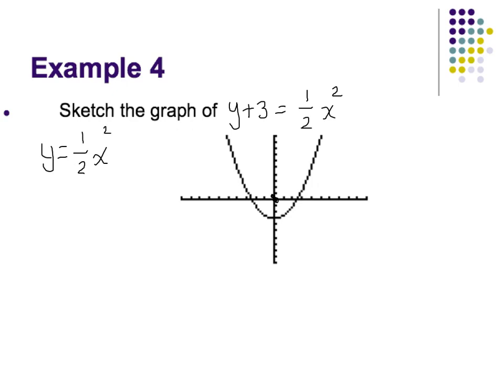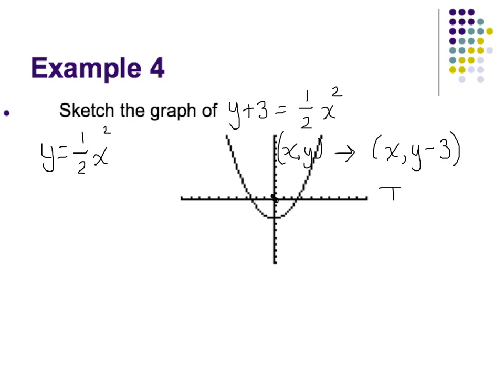But our equation has nothing added or subtracted from the x, so the x is remaining the same, but it has 3 added to the y in the equation. So that basically means that on the coordinate plane, 3 will be subtracted from the y.